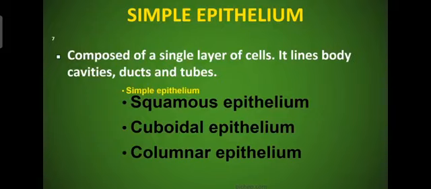So it covers those ducts and tubes. The simple epithelium is further divided into 3 types, depending on the shape: squamous epithelium, cuboidal epithelium and columnar epithelium.